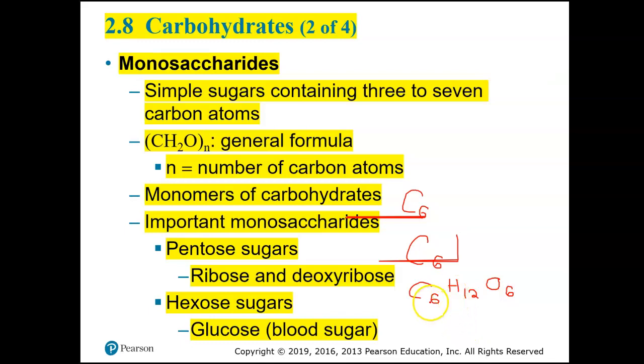So you see how it's a 1 to 2 to 1 ratio of carbon, hydrogen, and oxygen.